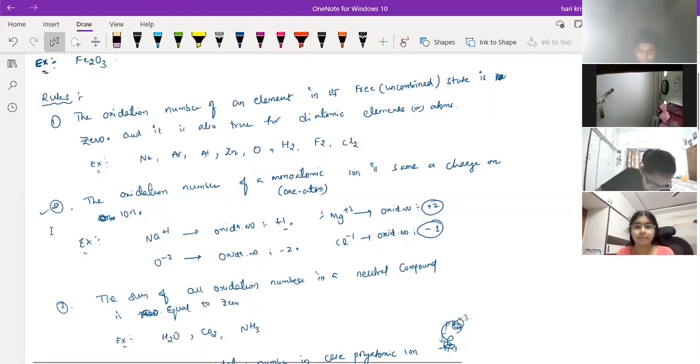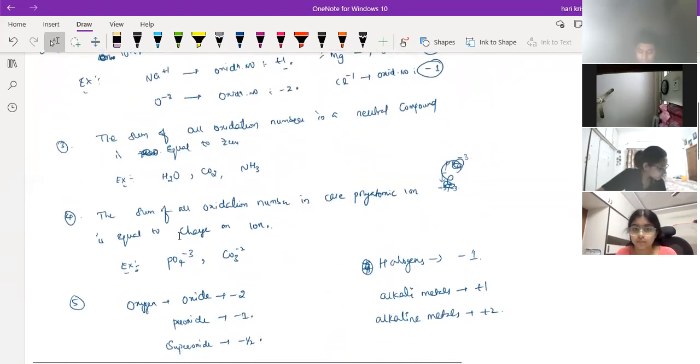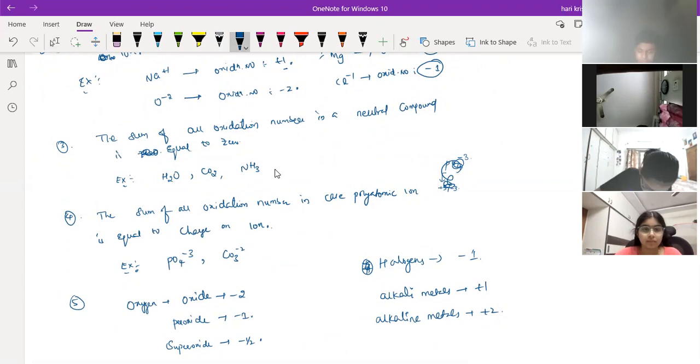And the third rule is the sum of all oxidation numbers in a neutral compound is equal to 0. Suppose you take NH3, I'll explain one example out of the 5.